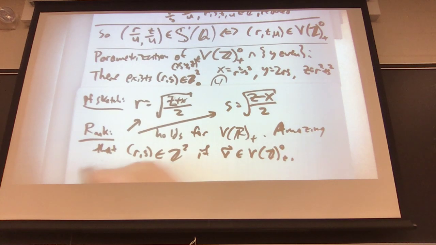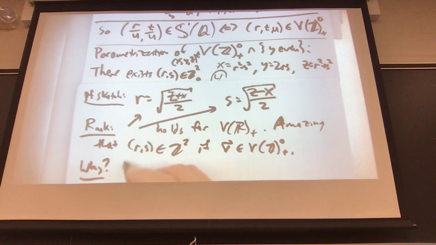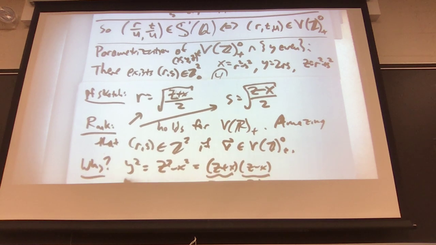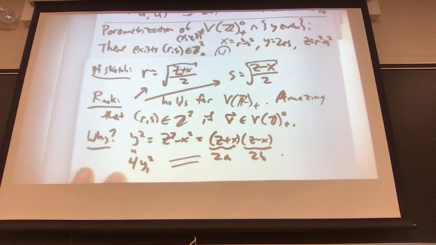Let's recall why. The reason's very simple. y squared equals z squared minus x squared. That we factored as z plus x times z minus x. This we wrote as twice some number a. This is twice some number b. y is even, so this is 4 times some number y1 squared. You guys giving me thumbs up?